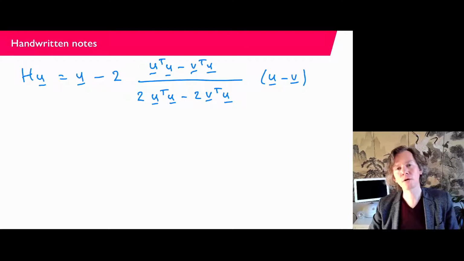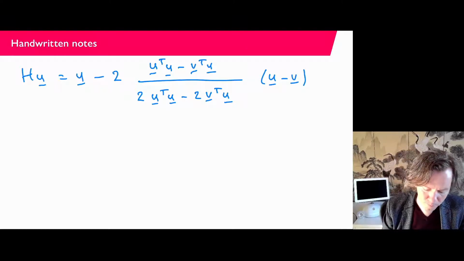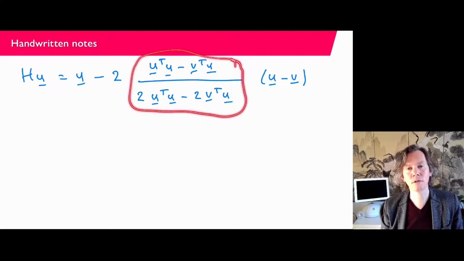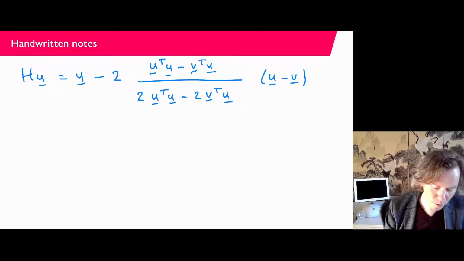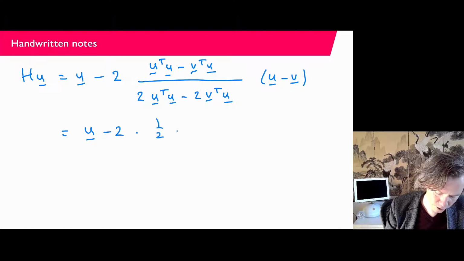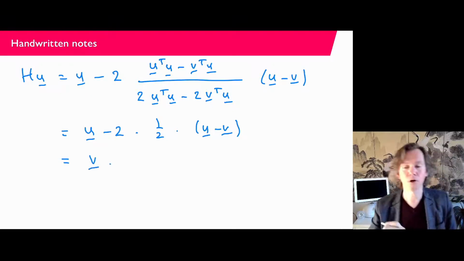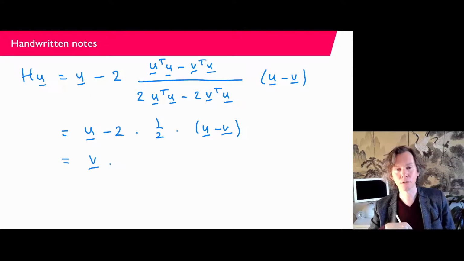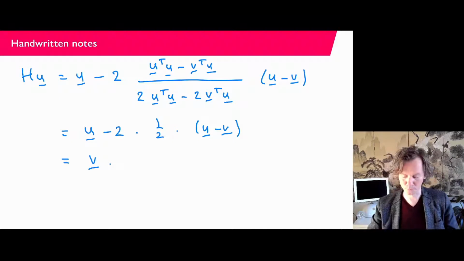Now, if you look carefully at the quotient that we have here, then you see that the denominator is twice the numerator. So apparently, I can write this as u minus 2, and this is a very complicated way to write a half, times u minus v. So we have u minus u, it drops out, and we find v.